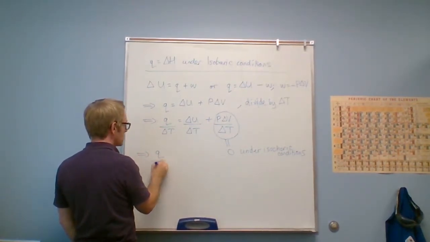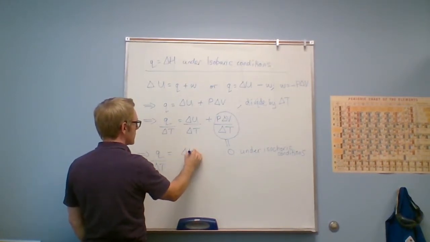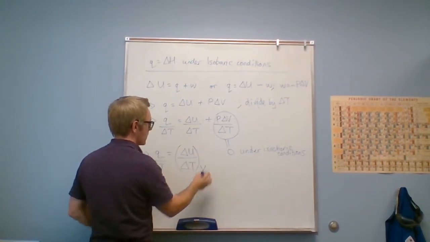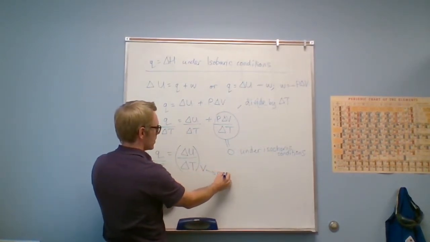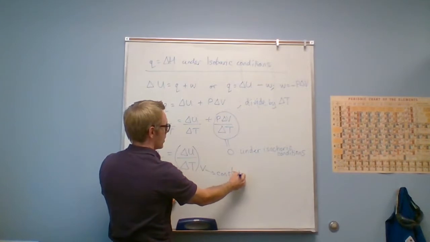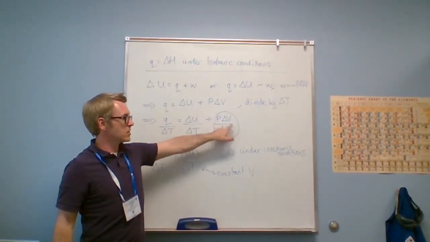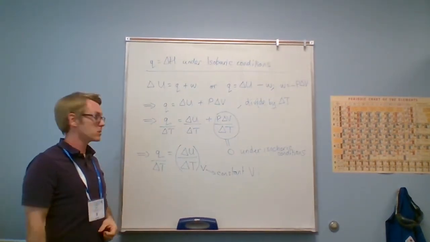So heat over delta T is the change in internal energy over delta T. That whole thing is at constant volume, because the change in volume is 0.